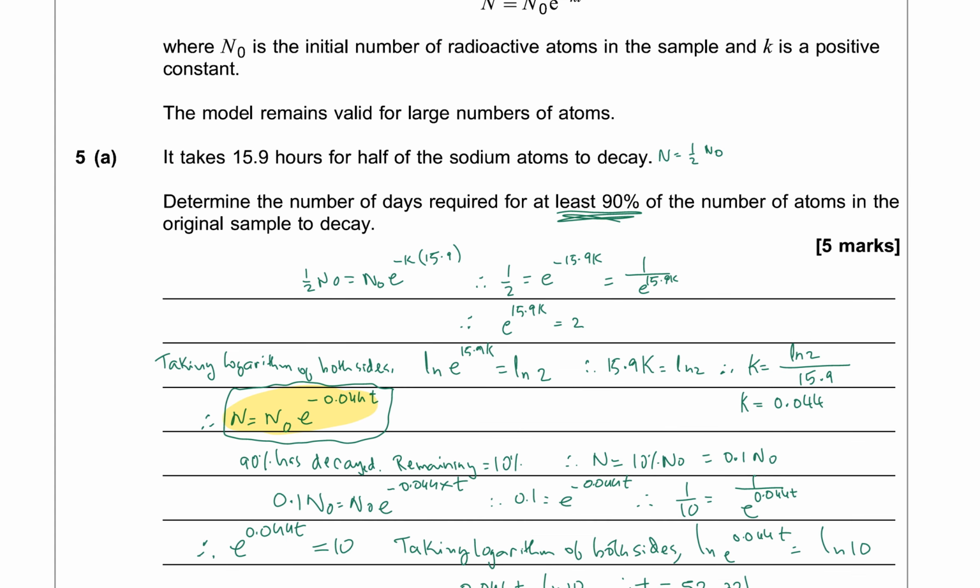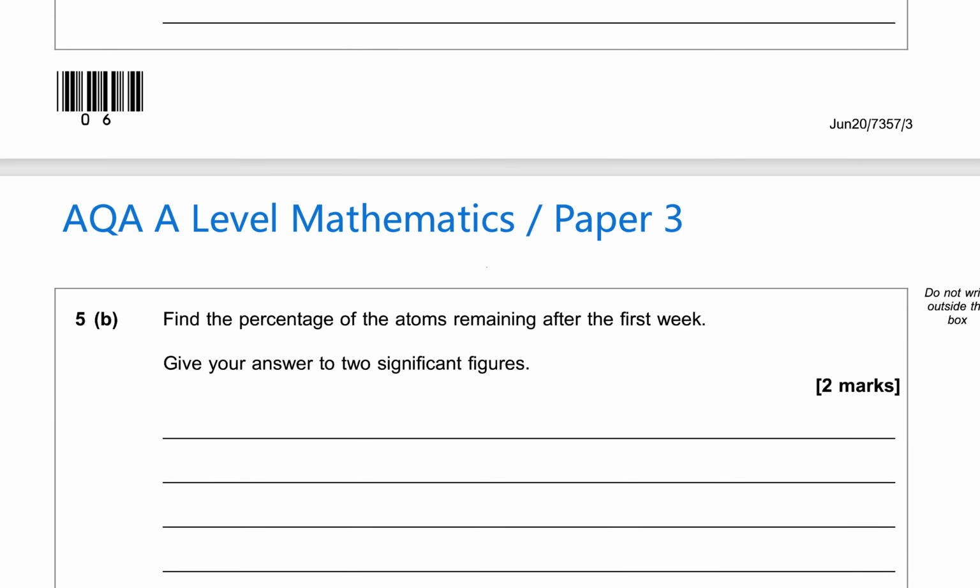Now the second part is asking me to find the percentage of atoms remaining after the first week. When they say first week, that's 1 week, which is 7 times 24, and that is 168 hours. Since t is in hours, I'm going to use that.